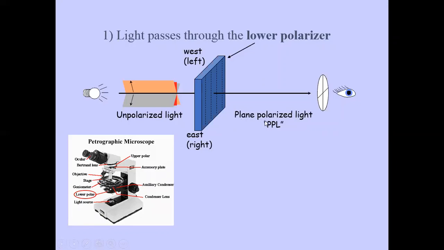So the properties which we observe under the plane polarized light are termed plane polarized light properties, or simply plane light properties.